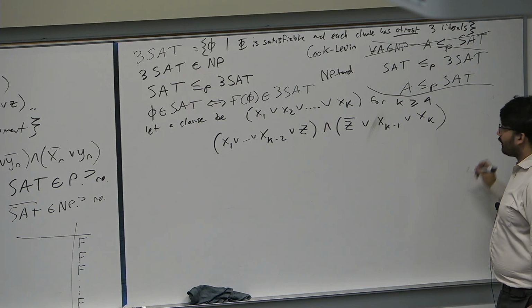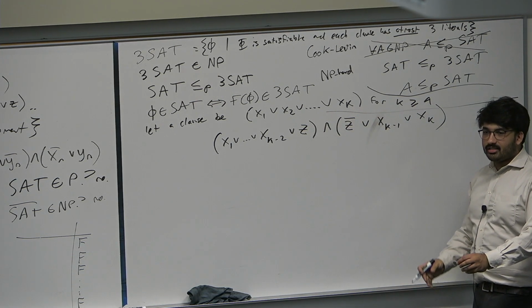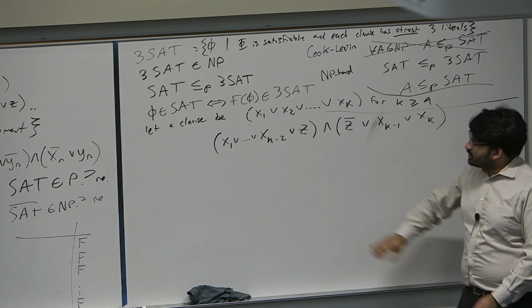Okay. So we do this a polynomial number of times, and we've converted a long clause into two shorter ones. What's the length of this clause?